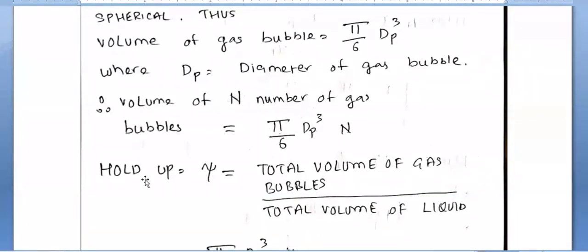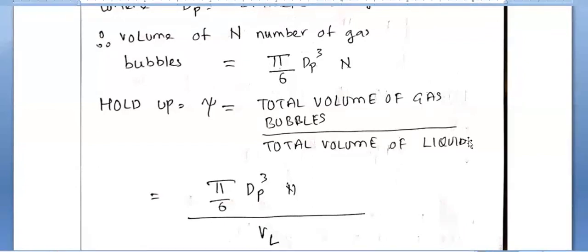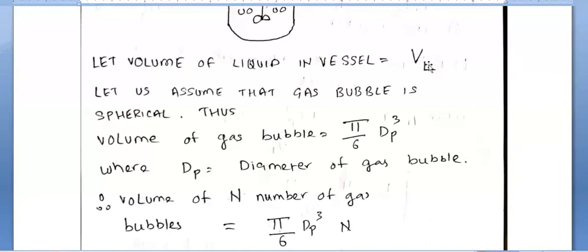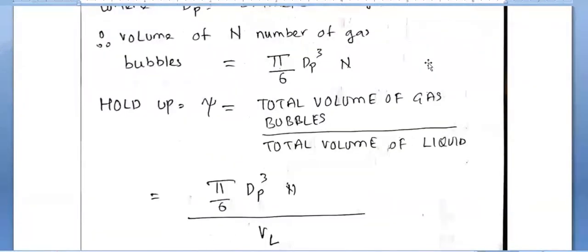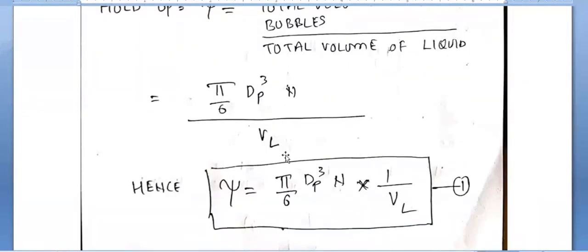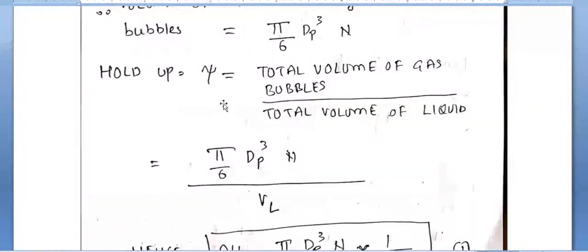How many gas bubbles are present? Capital N. So capital N into the volume of each gas bubble divided by the volume of the liquid, which is VL. So I have written pi by 6 dp raised to 3 N over VL. This is the formula for psi. What is psi? Psi is nothing but hold up. Hold up means the fraction of gas bubbles present in the total volume. This is important for us.